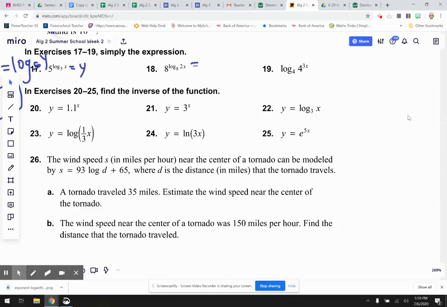18, we want to set this equal to y. So let's see, log 8, so there's our big number, log base 8 to the y equals log base 8, the exponent is log base 8 to the 2x.